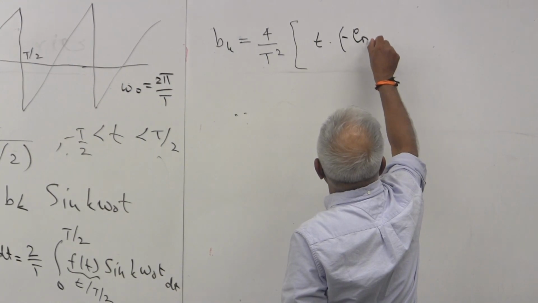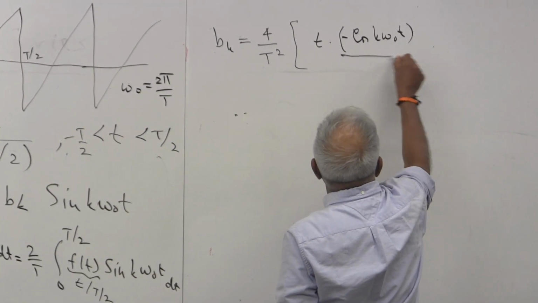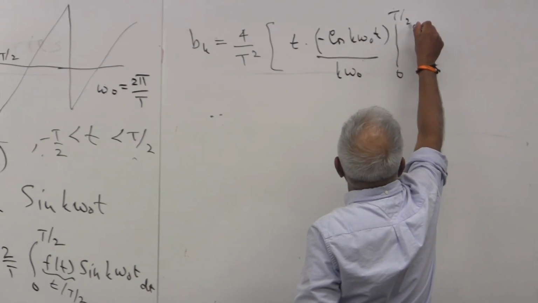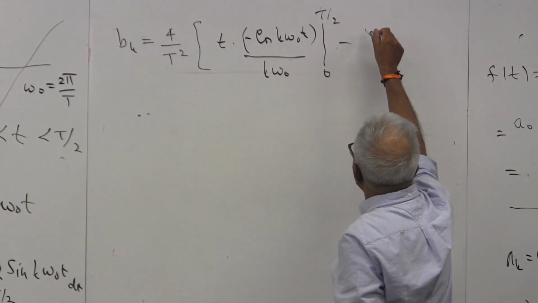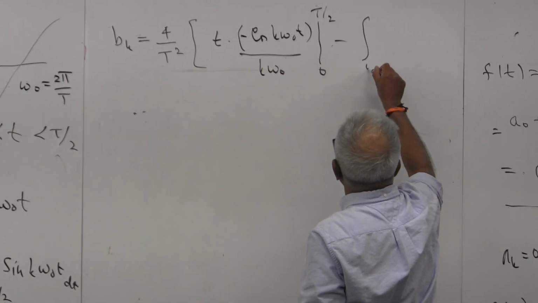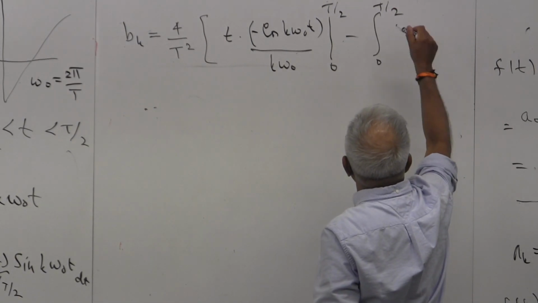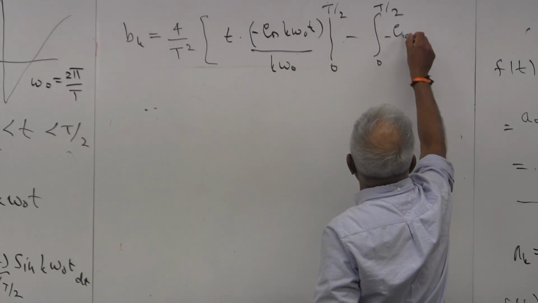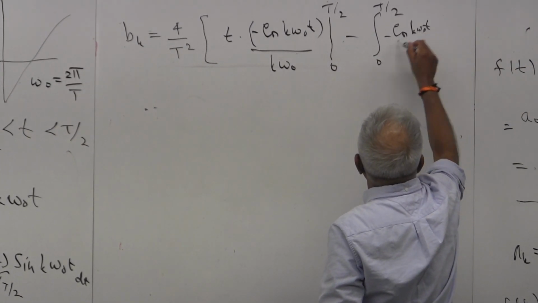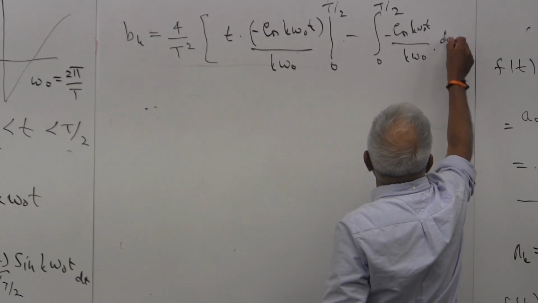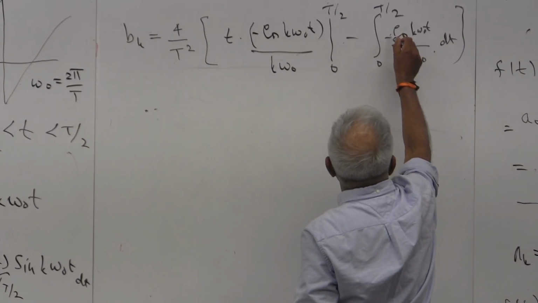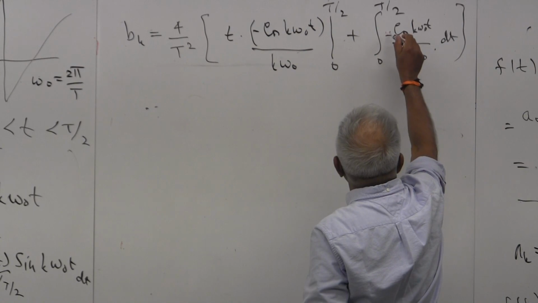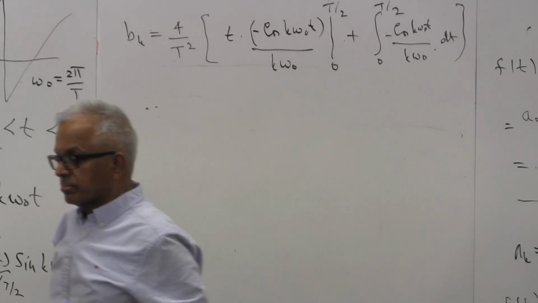Right, minus cos k omega naught t over k omega naught, limit 0 to T by 2, minus the integral of the derivative of this, which is dt, so minus cos k omega naught t over k omega naught dt, right? This is the right expression. As you said, this minus and minus will become plus, so I'm going to put a plus here, and that minus is gone.